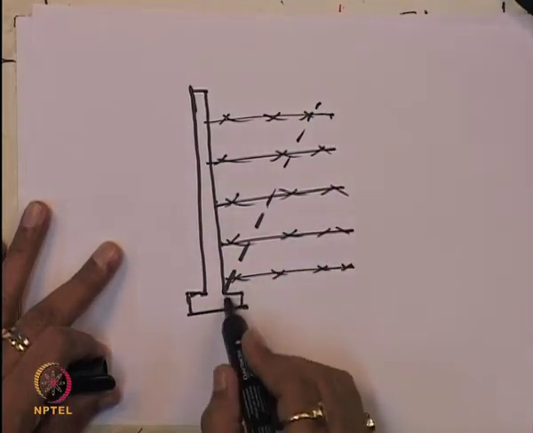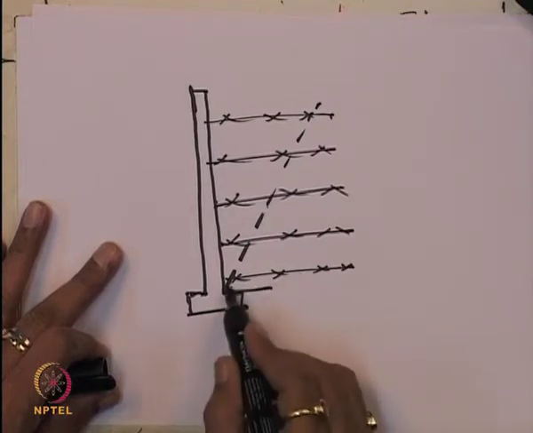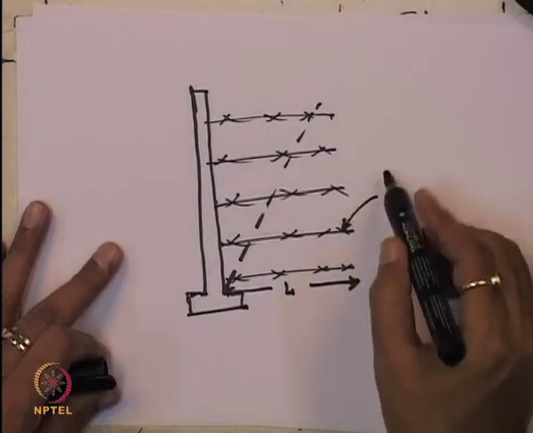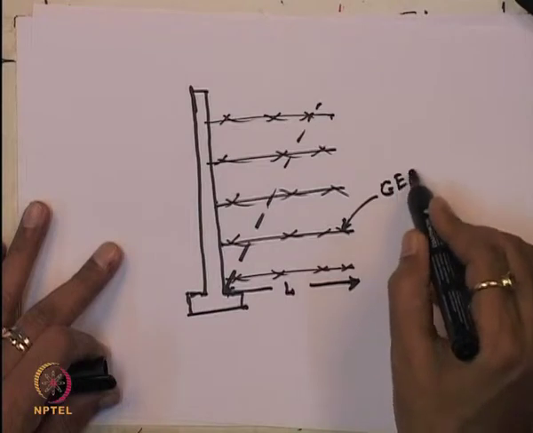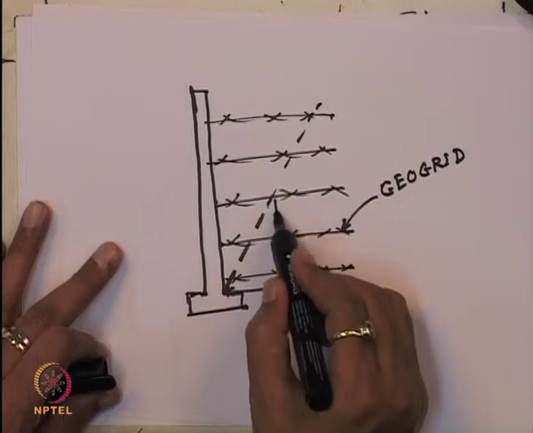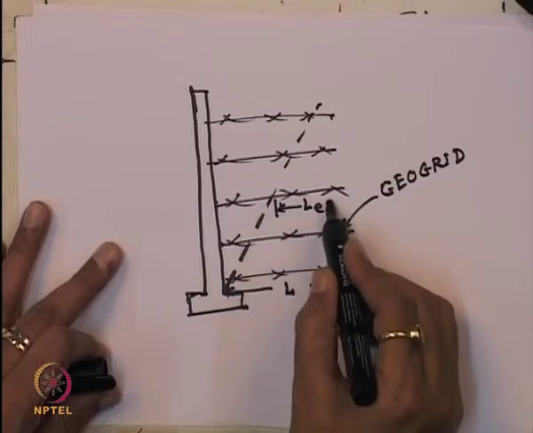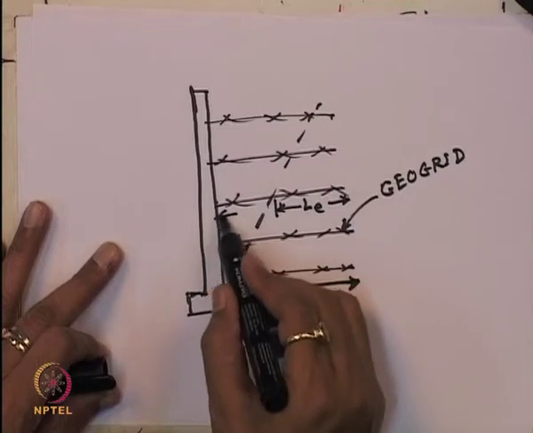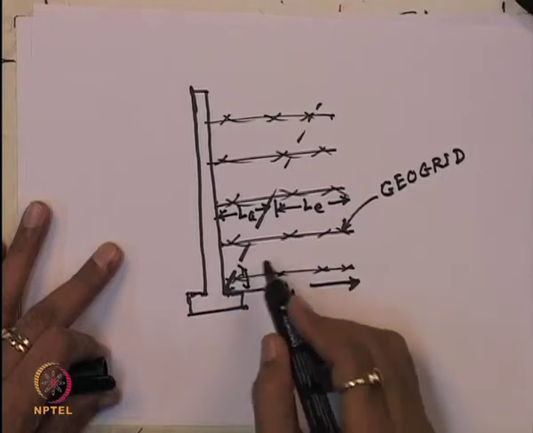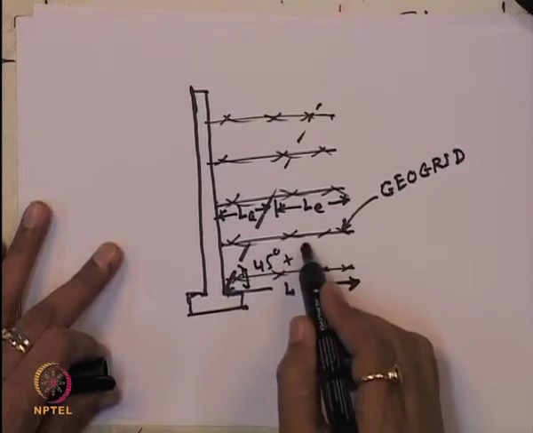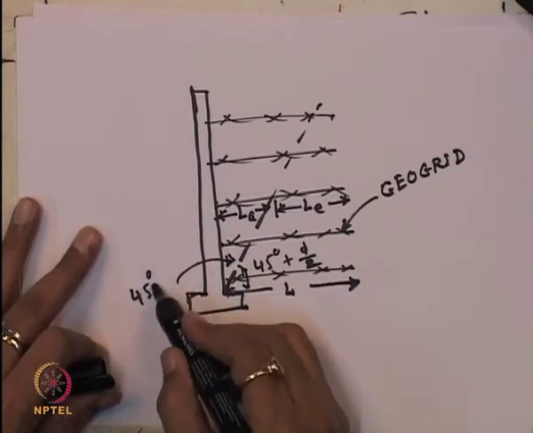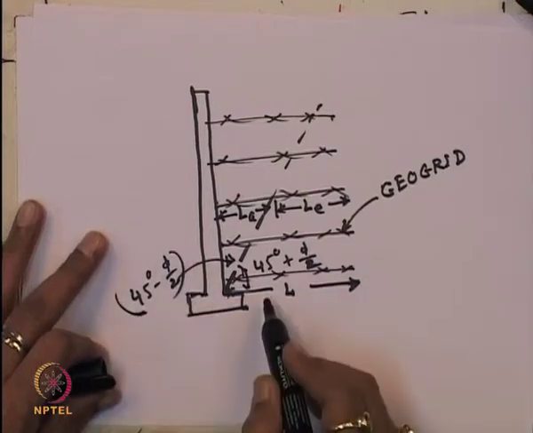If this is the total length of the reinforcement, L, and this is the geogrid, this length is equal to LE and this length is equal to LR. Now this angle is 45 degree plus phi by 2, so this angle will be 45 degree minus phi by 2.